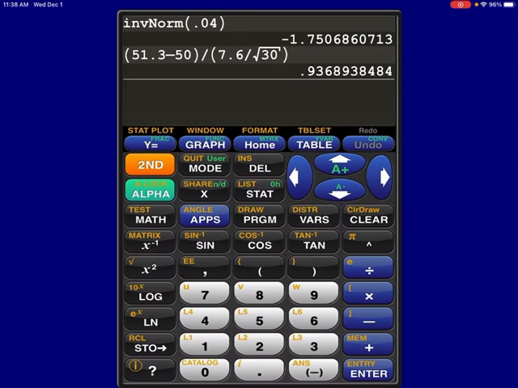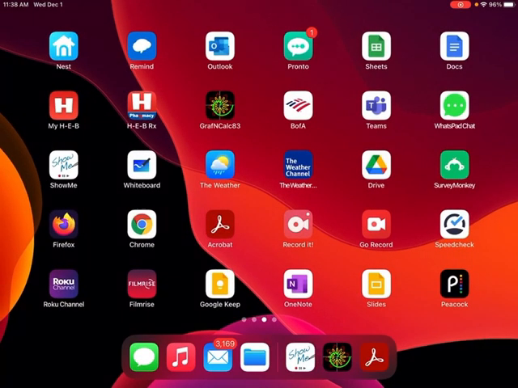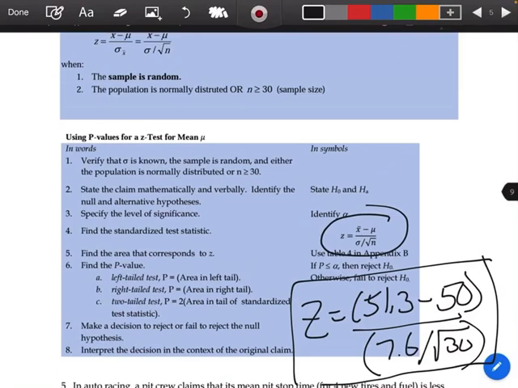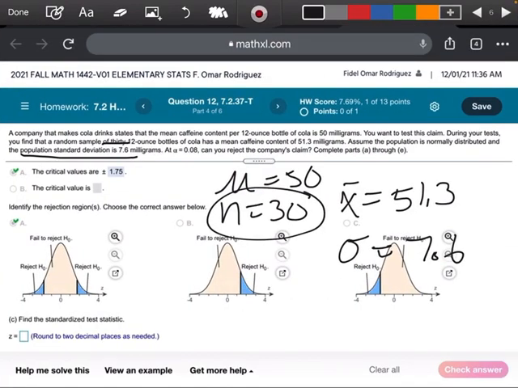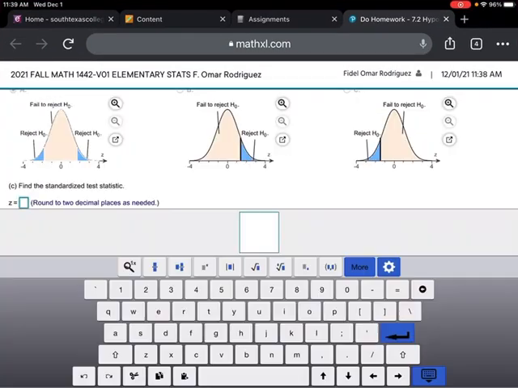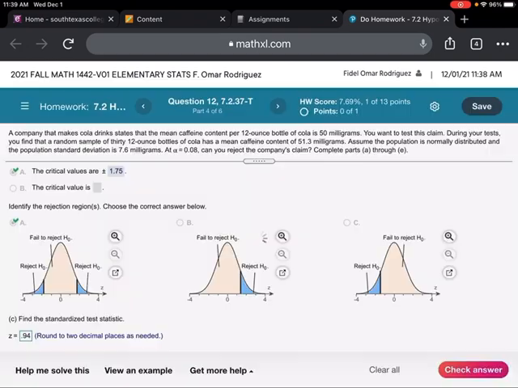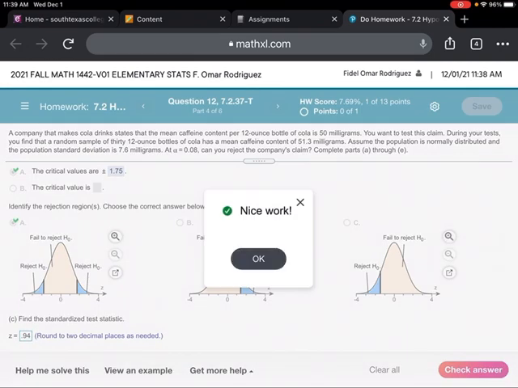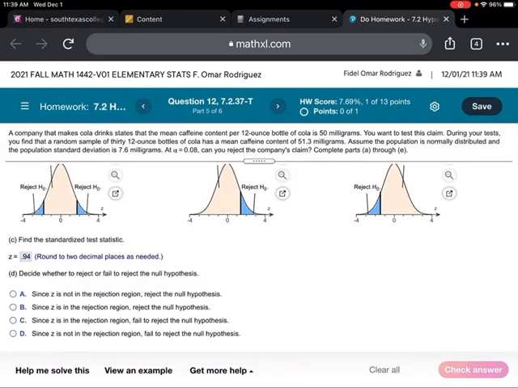So I believe it's usually asking me to round to 2 decimal places. So my z value is going to be 0.94, because we are going to 2 decimal places. So let's go ahead and check our answer. So right here, we're going to enter in 0.94, and okay, we're doing great so far.